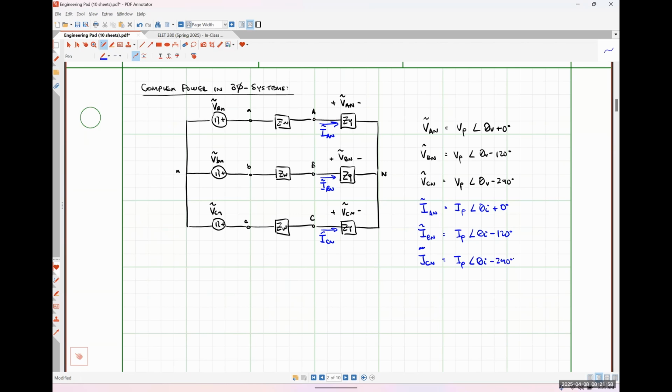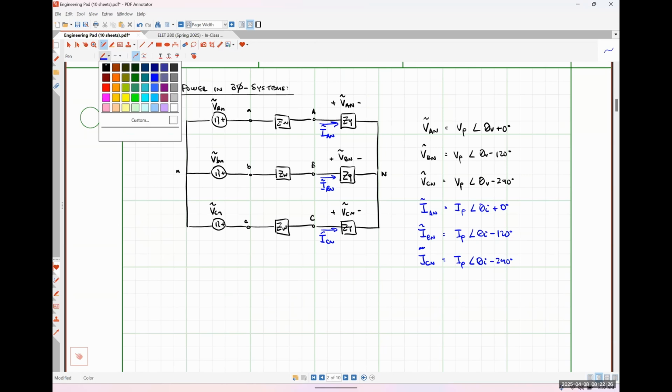So those VPs are the magnitude of our phase voltage across our impedance. They are going to be the same in a balanced system. So all three of those VPs represent literally the exact same number. And similarly, IP is just the magnitude of the phase current flowing through each of the phases of our Y-connected load here. Okay.